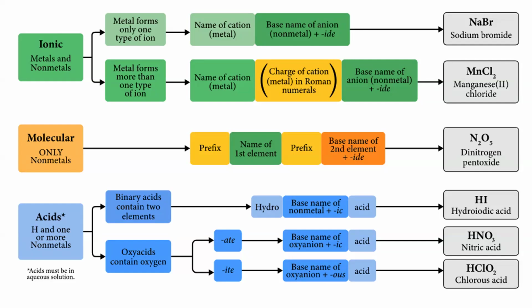The simplest formula, but the most complicated name. Because what name do we get for HCl? Hydrochloric acid. Again, technically, it's only hydrochloric acid when it's aqueous, when it's dissolved in water. But that's kind of splitting hairs.